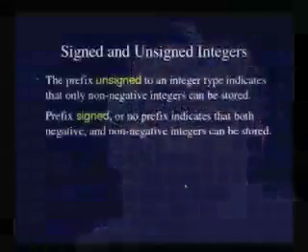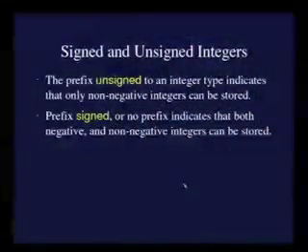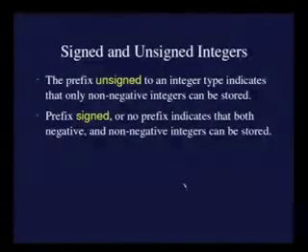And instead of unsigned, if you use the prefix signed or no prefix at all, that indicates that both negative and non-negative integers can be stored. So for example, unsigned int would denote an integer type which can store only non-negative integers. On the other hand, signed int or simply int would denote an integer type which can store both negative as well as non-negative integers.